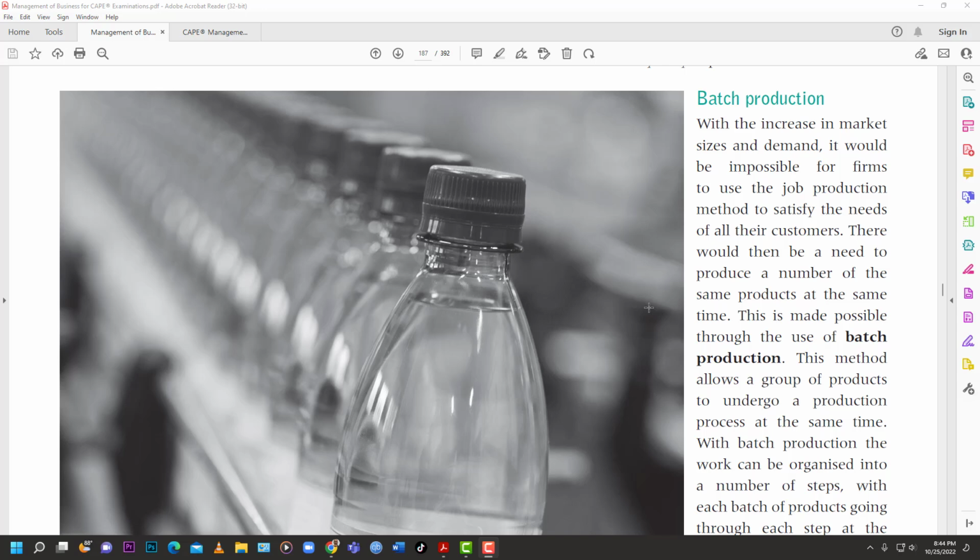With the increase in market size and demand, it would be impossible for firms to use the job production method to satisfy the needs of all their customers. There would then be a need to produce a number of the same products at the same time. If you want to order custom jerseys or specially printed t-shirts or memorabilia, your pen, the pencil, water bottles, those things will be done in a batch, right?